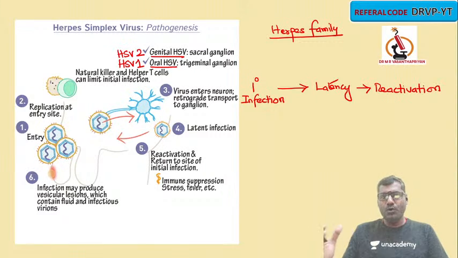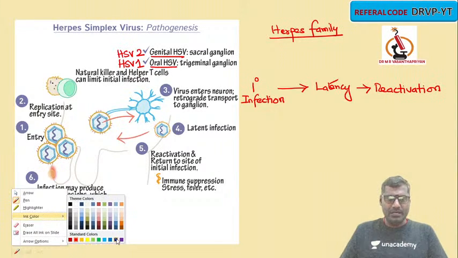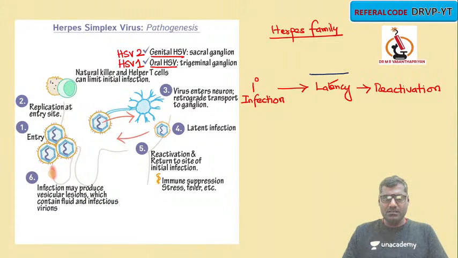So this is the flow of the virus, starting from the primary infection up to the reactivation process. In between we call it the latent period. So latency comes after the primary infection and goes forward with the reactivation procedure.